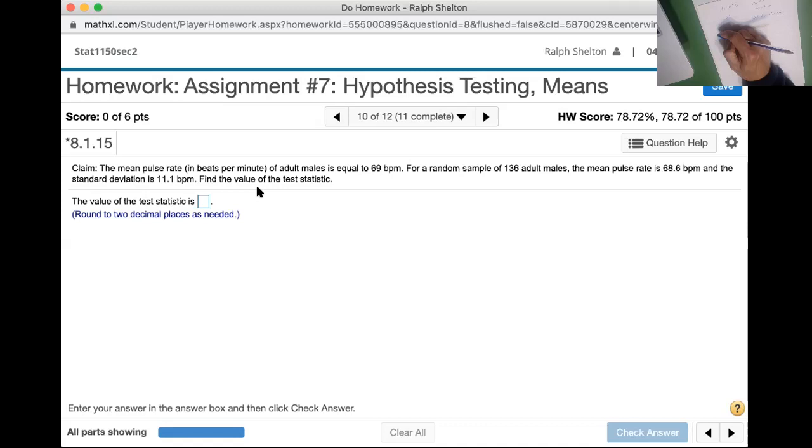Use z. So there's two cases that you use t. You have a normal population but small sample size, that's a t, or the opposite. You have a not normal population but you have a large sample size, you use t.